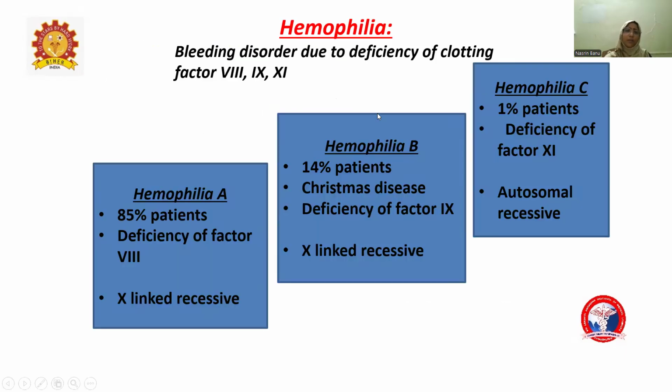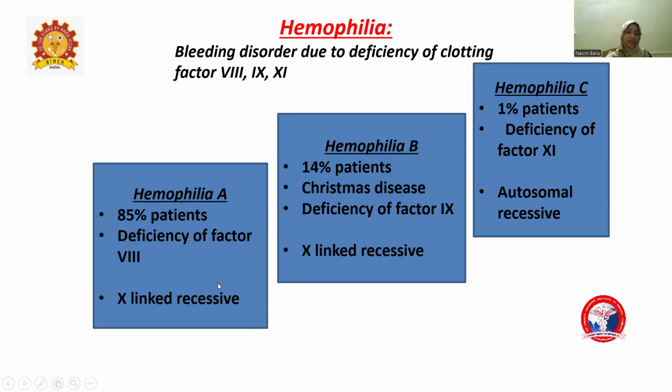And hemophilia. This is a bleeding disorder due to deficiency of clotting factor 8, 9, and 11. There are three types of hemophilia: hemophilia A, hemophilia B, and hemophilia C. A is the most common. Most, 85% of the patients, will have hemophilia A, where there will be deficiency of factor 8.